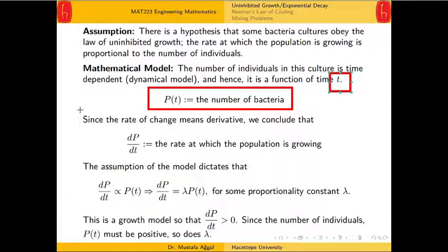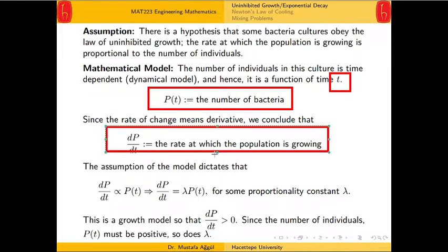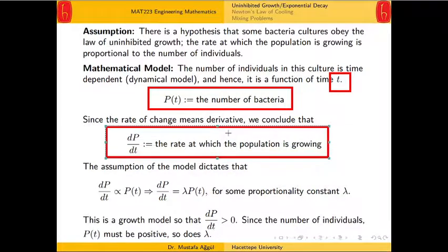Next, since the rate of change means derivative, we conclude that dP/dt, the time derivative of the number of individuals, is equal to the rate at which the population is growing. So the derivative is the rate of change in the population growth.